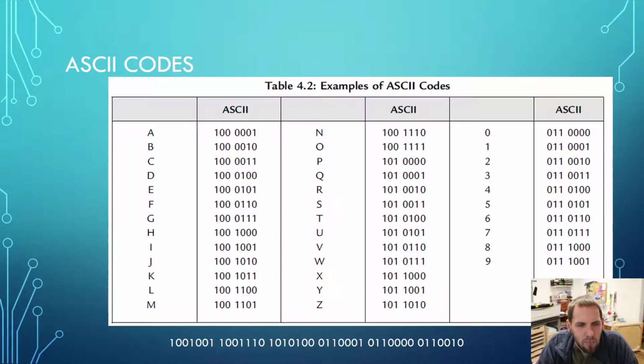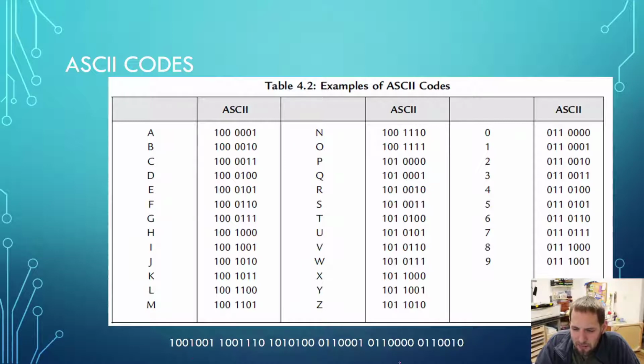Now, when we start grouping things, we get into being able to actually use those for something worthwhile. So what we have here is our ASCII table. Now, these are all 7-bit, these aren't 8-bit, so we only have 128 different possibilities, but this is a 7-bit ASCII code. We could then start sending letters.